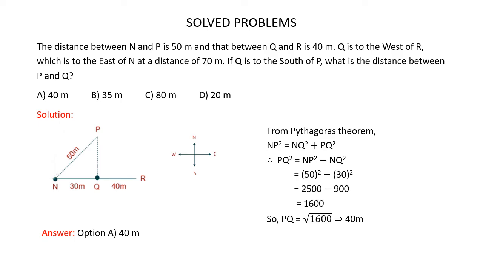So PQ squared is 1600, which means that PQ is equal to square root of 1600, which is 40 meters. So the distance between points P and Q is 40 meters. The correct answer is option A, 40 meters.